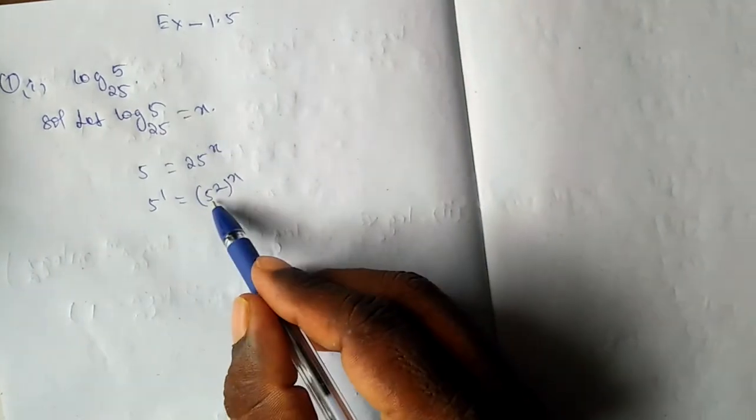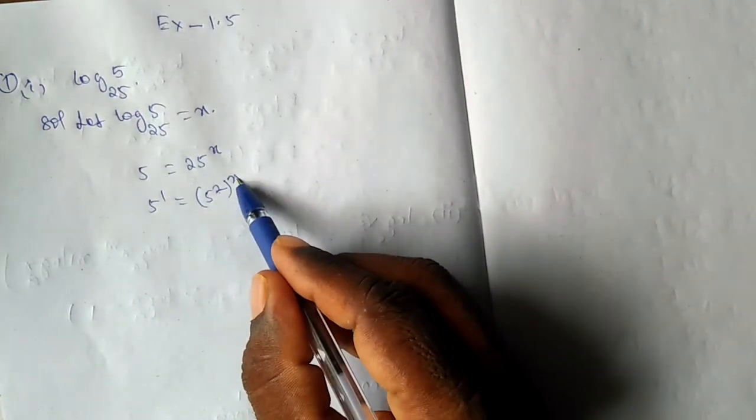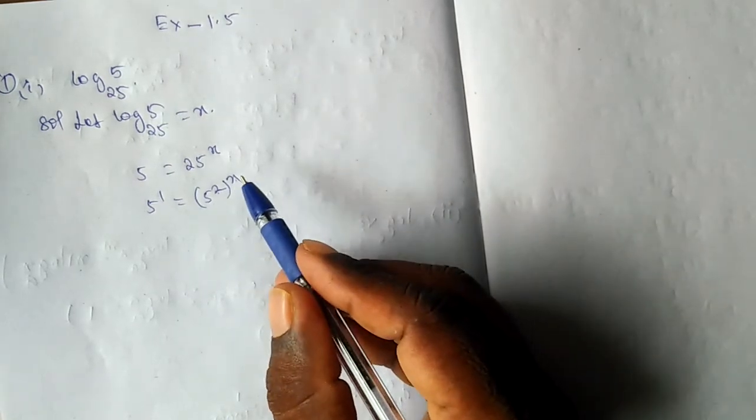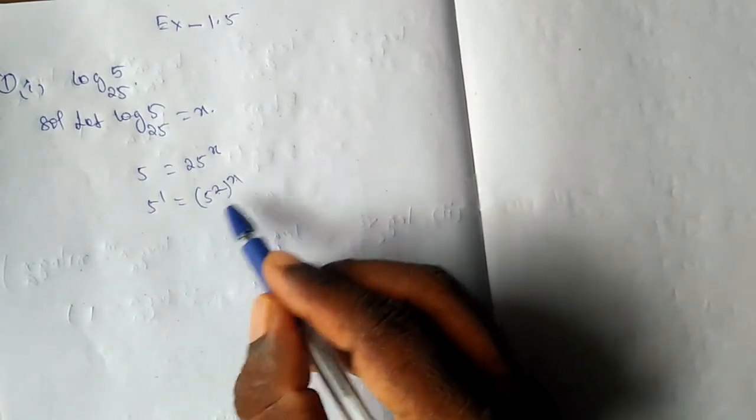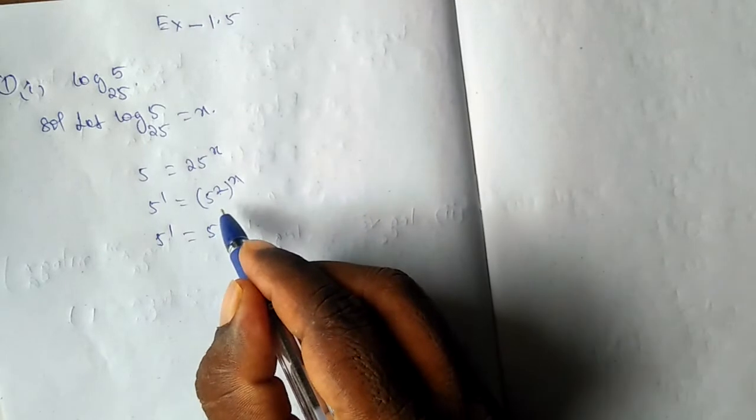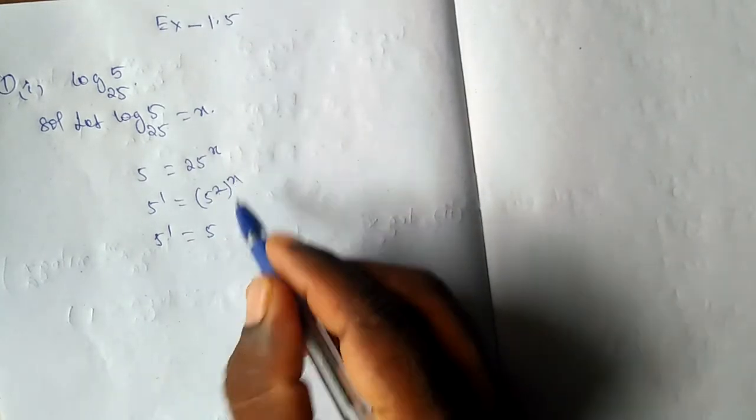How is a to the power of m whole power n written? Yes, you are correct, a to the power of m into n. So 5 to the power of 1 is equal to 5 to the power of 2 into x, it is 2x. Very good.